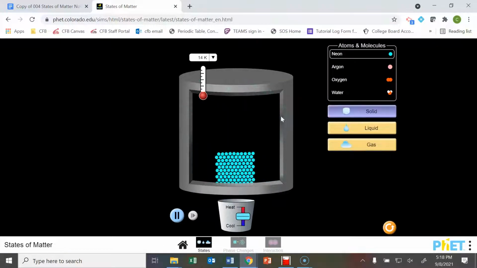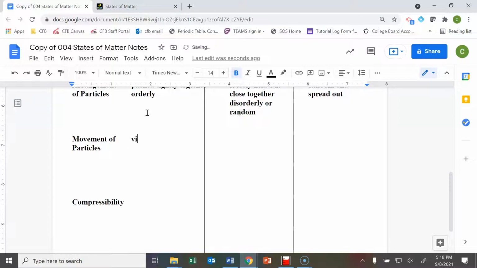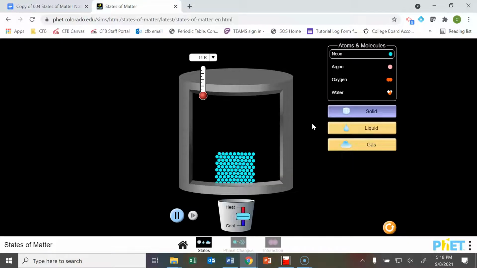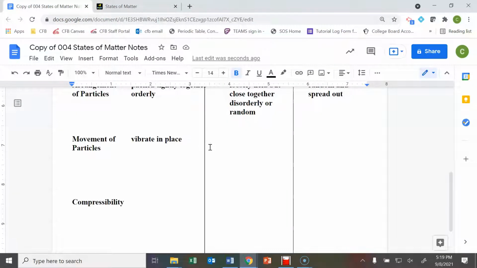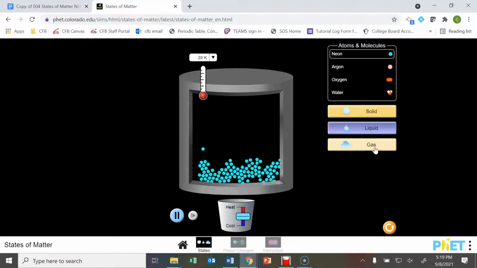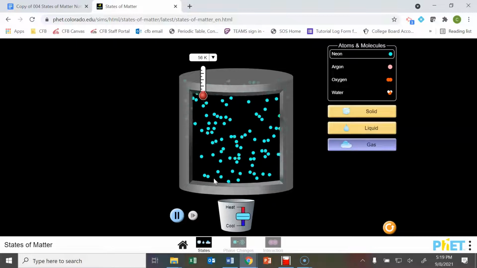Talking about the movement of the particles. Solids, we said they vibrate in place. If we're looking at the liquid, they're moving around a little bit more. They're actually moving past each other sometimes, so they slide past each other. And if you look at the movement of gas particles, they're moving all over the place.